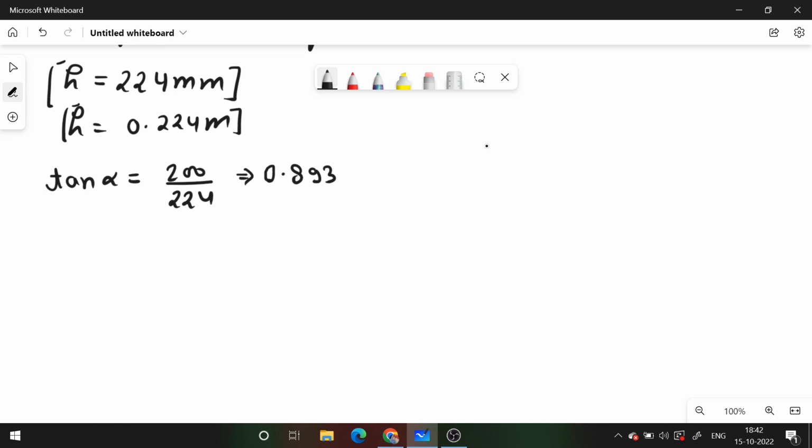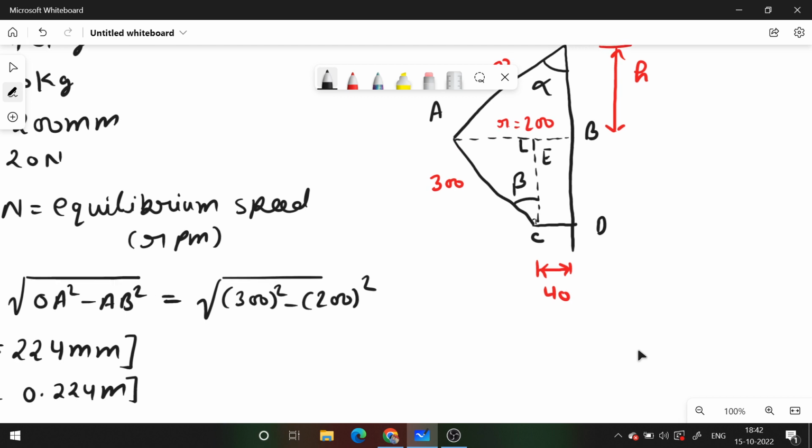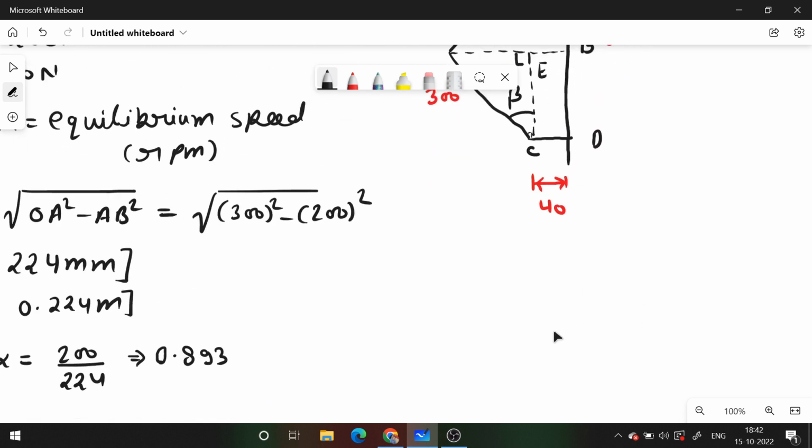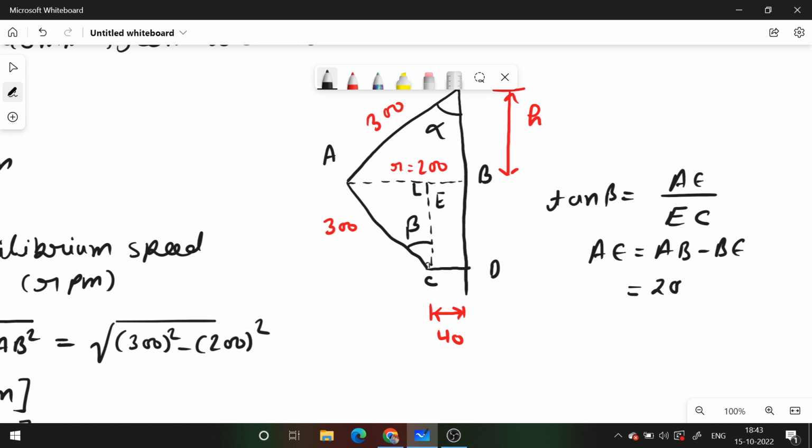Now from the right angle triangle AEC, tan beta will be equal to AE upon EC. Okay, and AE is equal to the AB minus BE. Here AB is 200, BE is 40.